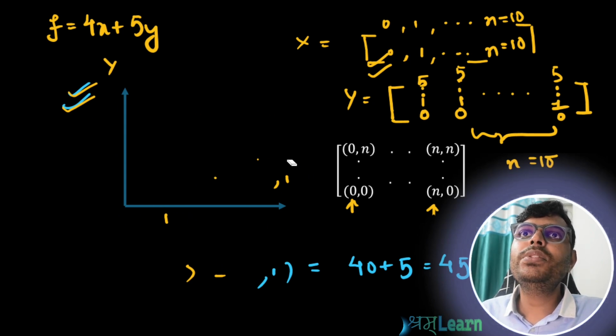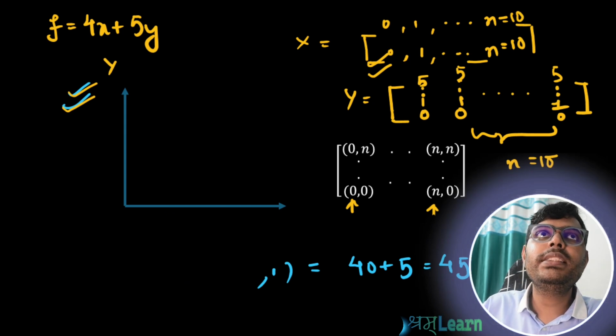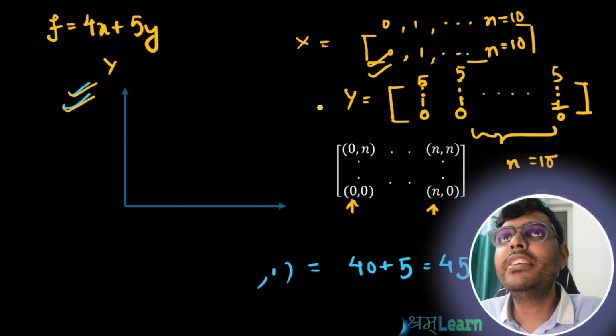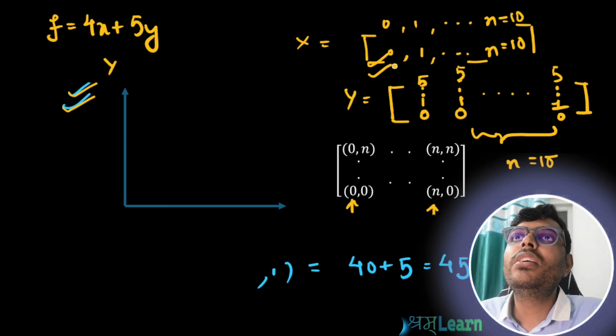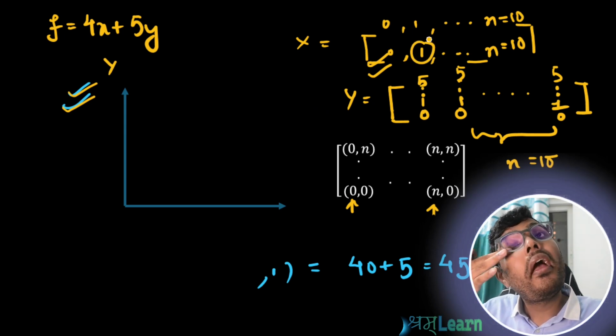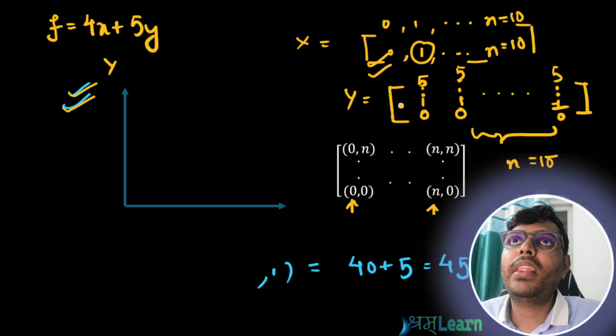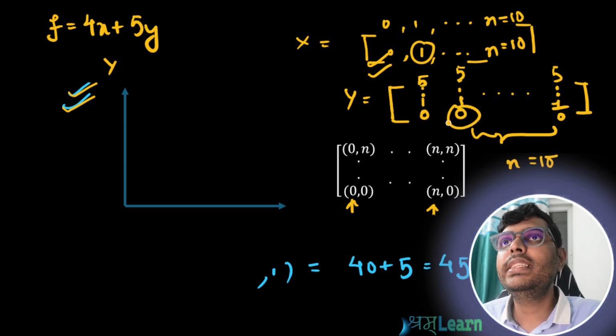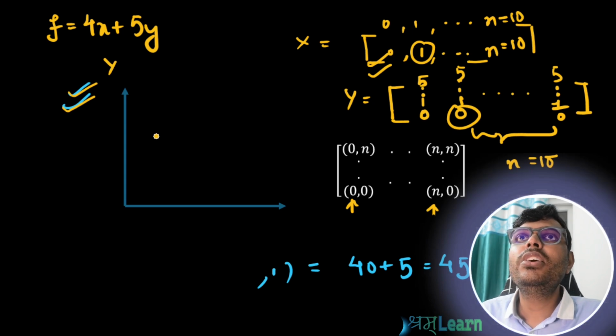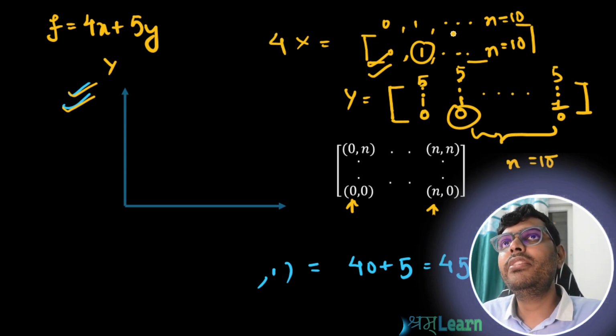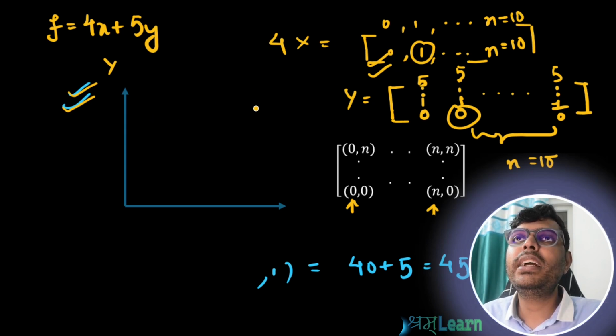So let us suppose we compute 4x plus 5y for a few elements. That would give us a good idea. So for this element we have x as let's say 1 and y is 0, right? 4 times this matrix will multiply every element with 4.